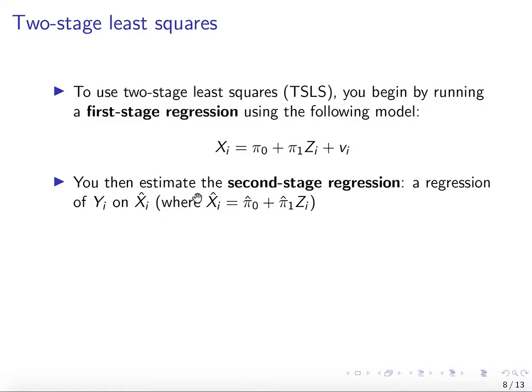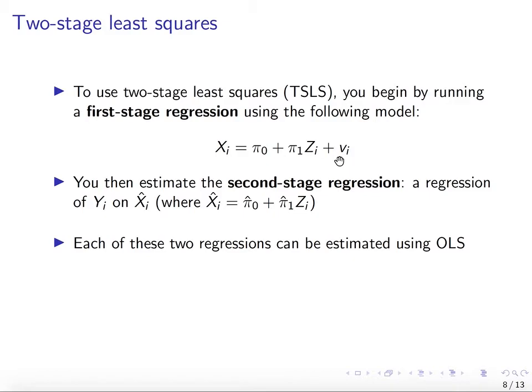And so, as we had before, you're going to get a predicted xi that only has the variation through zi. If zi is once more truly uncorrelated with ui, not vi, ui, then you're going to get a satisfying instrument.